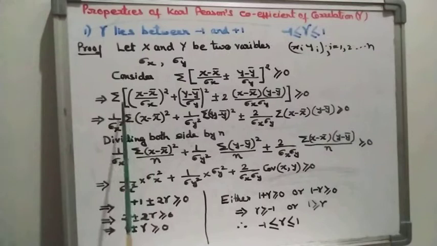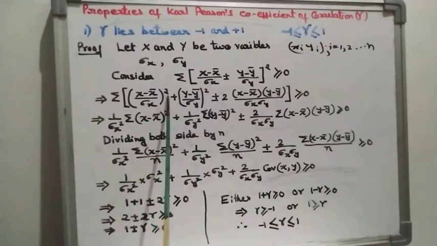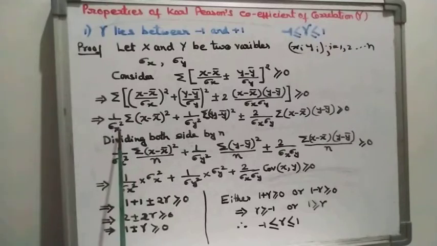Open this bracket. Sigma x whole square is there, so it is 1 by sigma x square, and bring the summation here: summation of xi minus x bar whole square, where xi is any value of x and x bar is the mean.